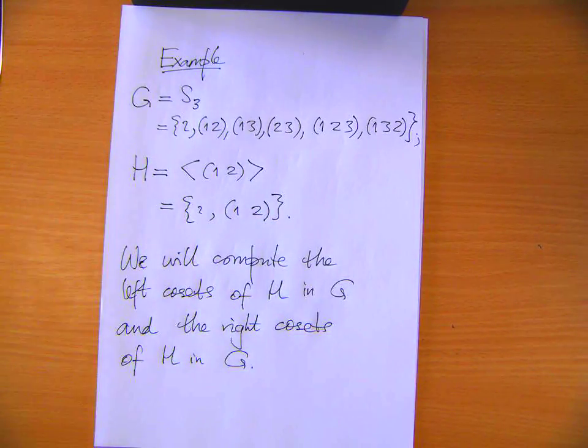And computing the cosets then will give us the cells of the corresponding partitions. We've got 2 partitions. We've got the left partition and the right partition. And in fact, we'll see that those are different in this case.